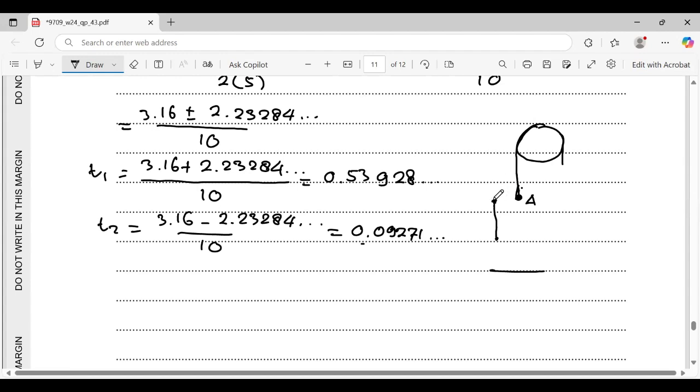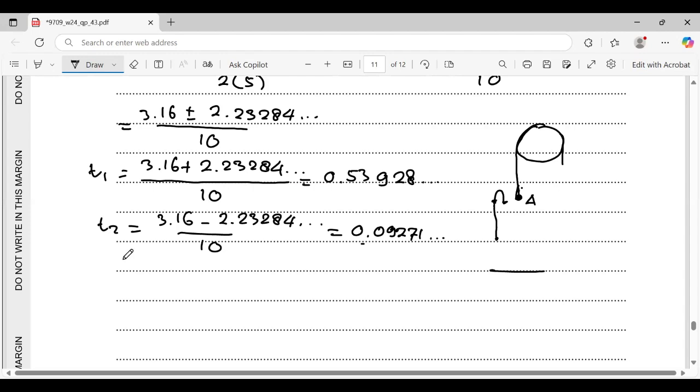After that it goes to the maximum height and then returns back, and in this position the time is 0.53928. That's the meaning of t1 and t2.